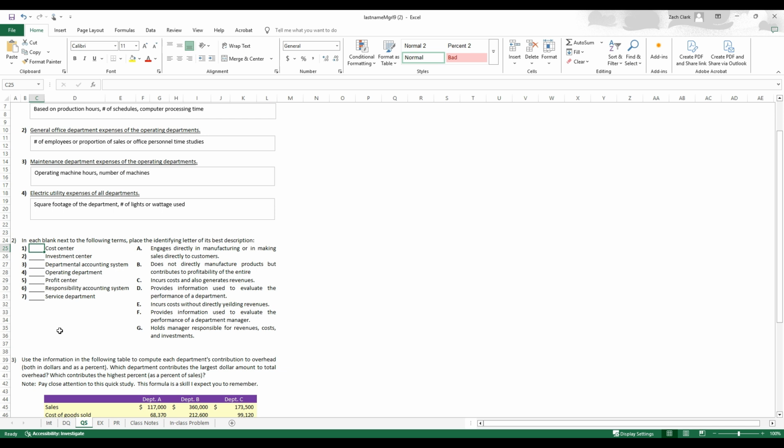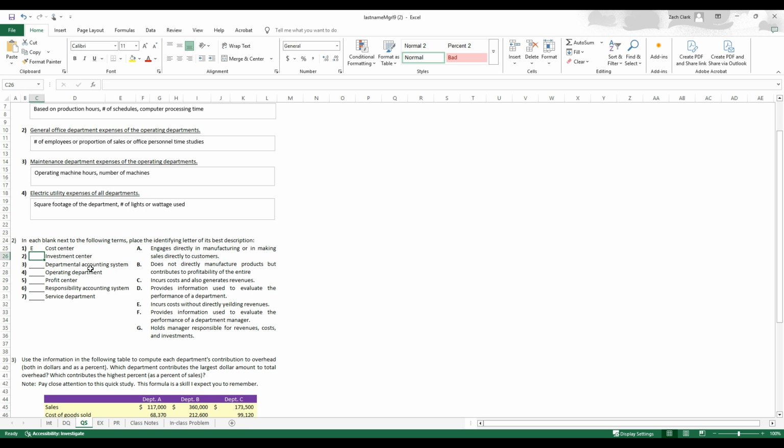Okay, here we've got some terms to go through. The first one says cost center. Remember that a cost center is something that doesn't generate revenues, so we incur costs without directly generating revenues.